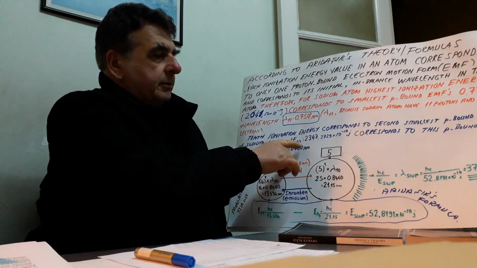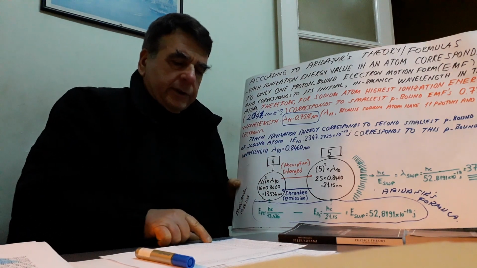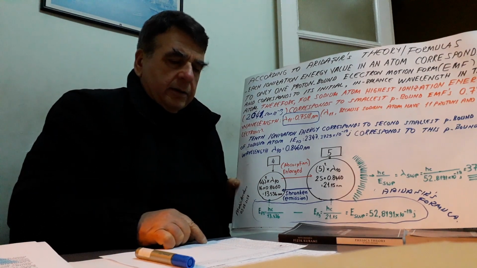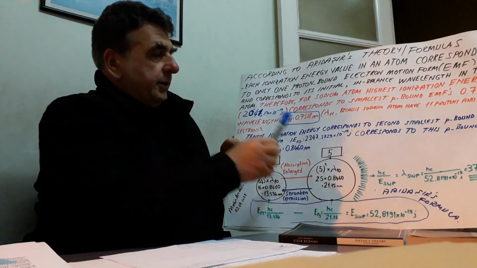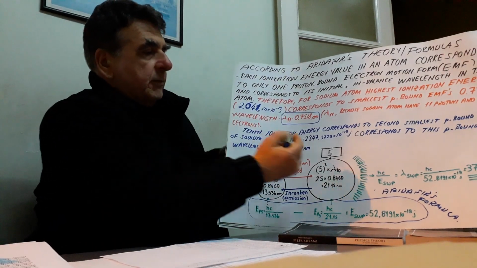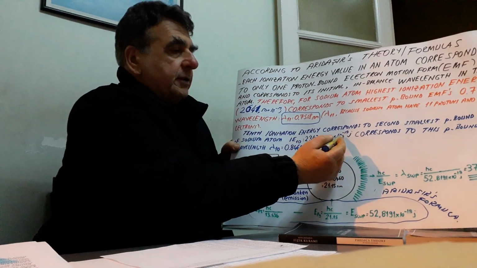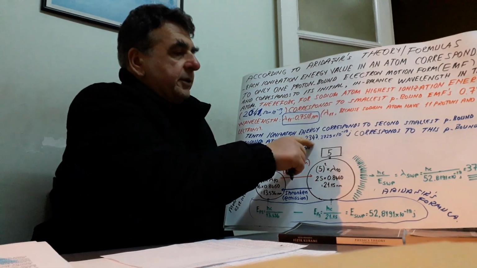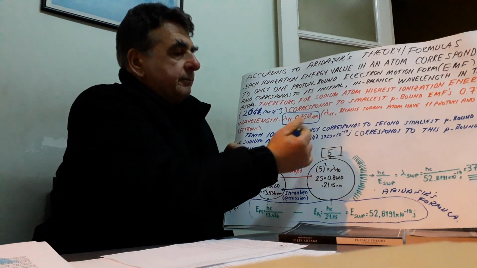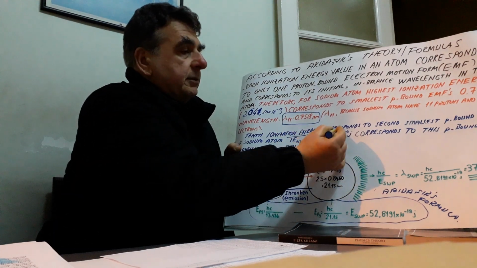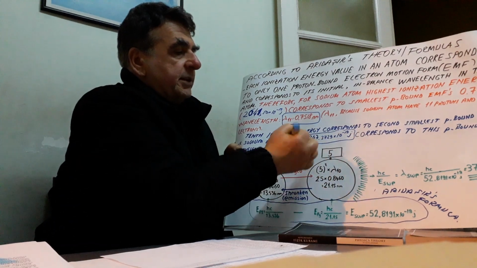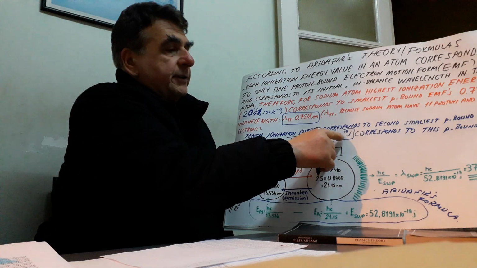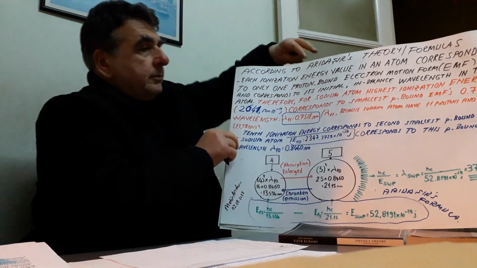Ionization energy 10, 2347.3729 here, times 10 to the minus 19 joule. 47, I'm so sorry, 47.3729 times 10 to the minus 19 joule.